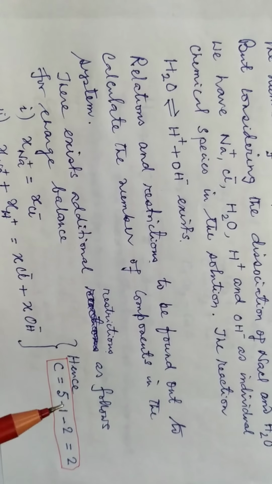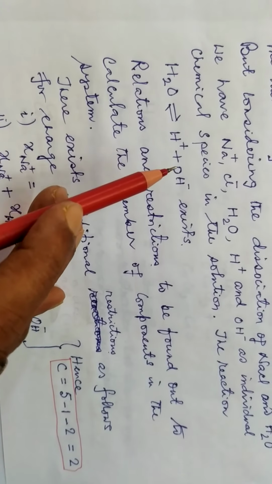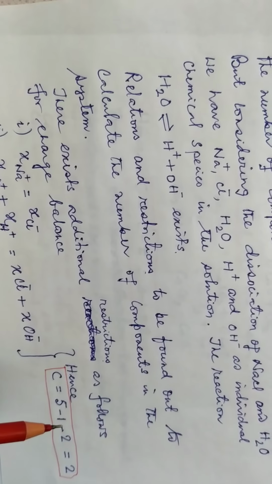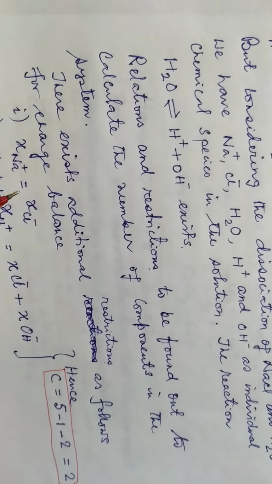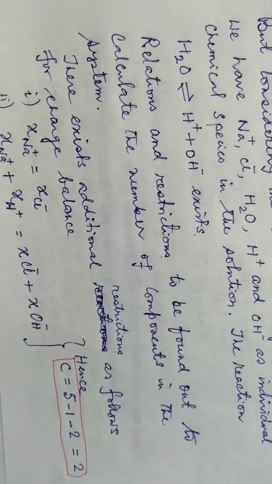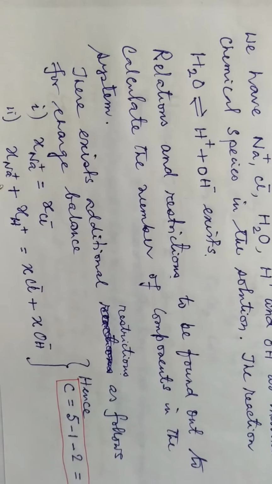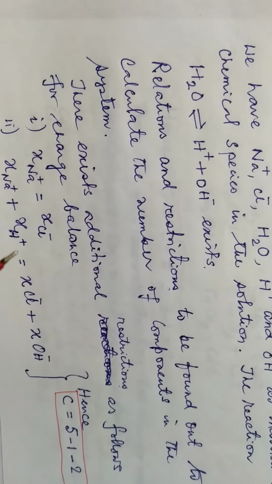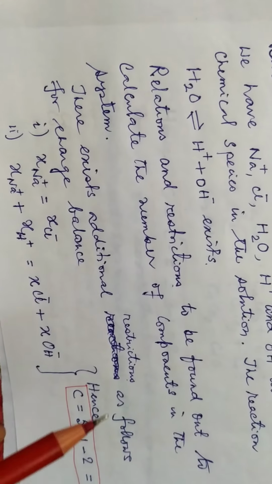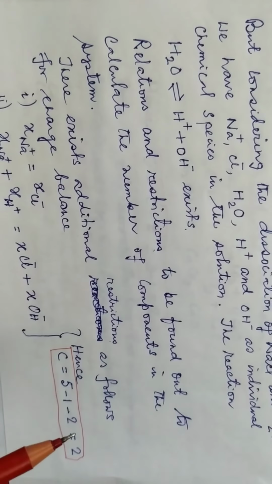One is the equation H2O in equilibrium with H plus and OH minus, and this is the equation, and there are two restrictions, that is X Na equals X Cl, and the other one is electroneutrality, that is X Na plus X H plus equals X Cl minus plus X OH minus. So here the number of components equals 2.